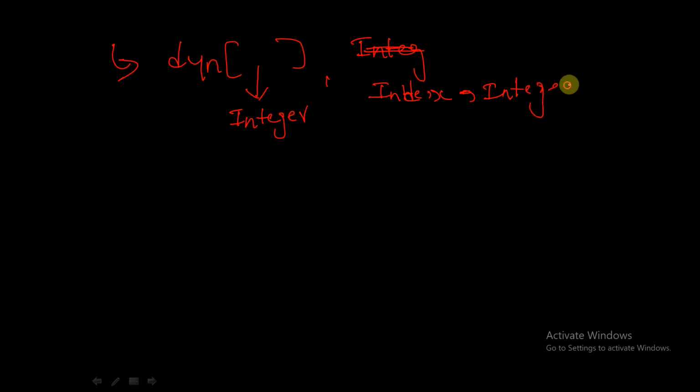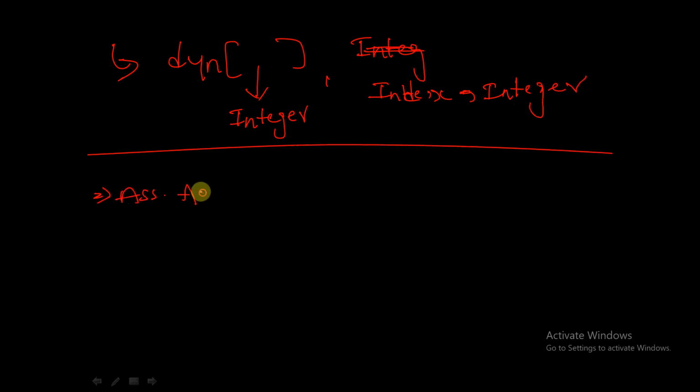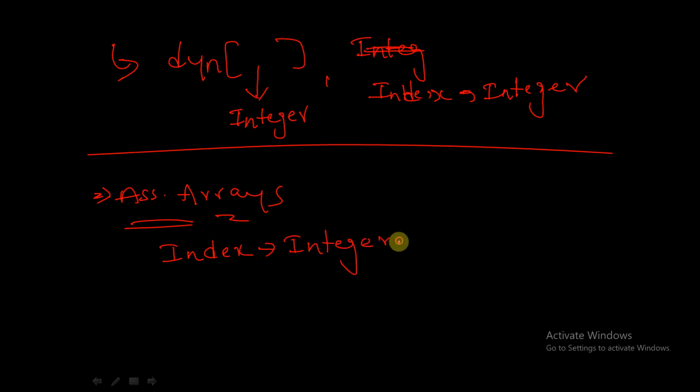Whereas in case of associative arrays, the index value can be an integer, or it can also be a string value.